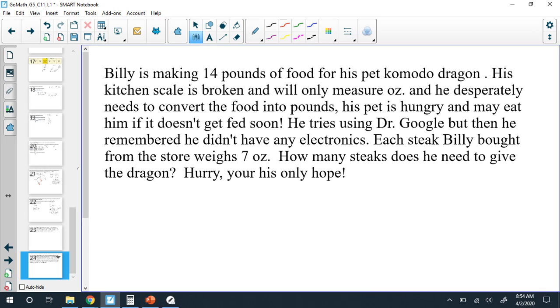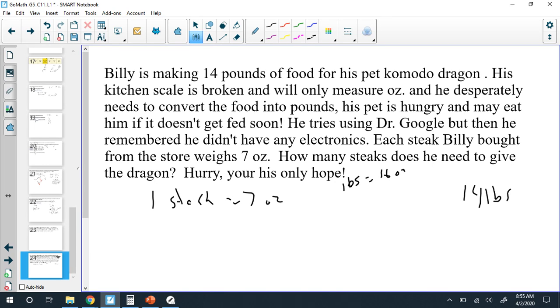All right. So for this one, we need to know how much food, how many steaks to give the dragon. We know that one steak equals 7 ounces. We know that he needs to have 14 pounds of steak. Hopefully we also remember that 1 pound equals 16 ounces.